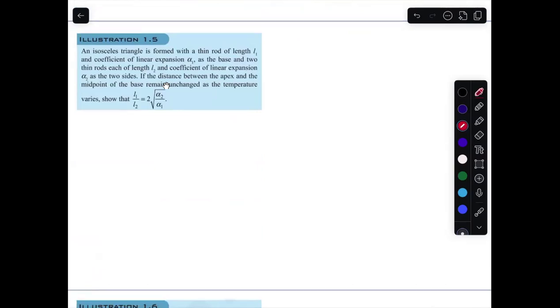You have an isosceles triangle formed with a thin rod of length L1 and coefficient of linear expansion alpha 1 as the base. Let me first draw the diagram. This is L2, alpha 2, and L1, alpha 1.